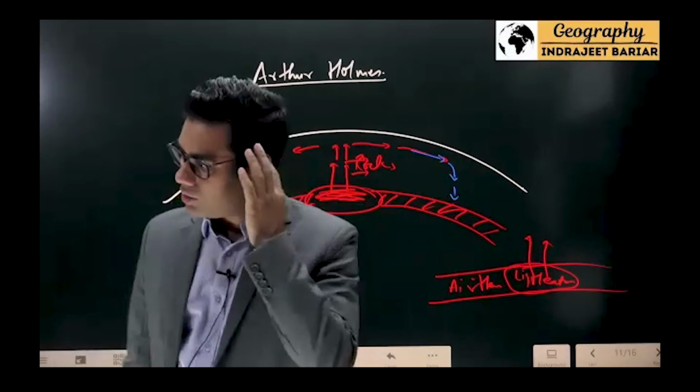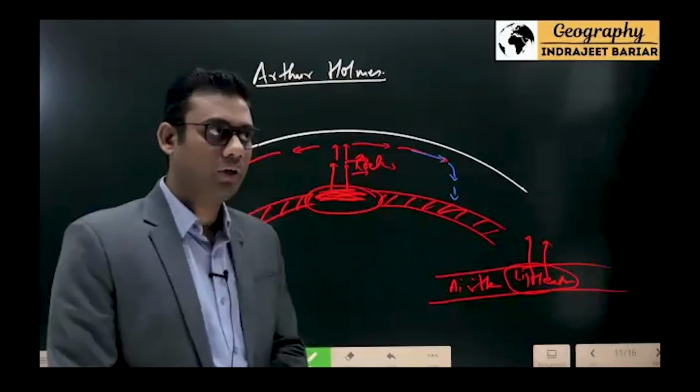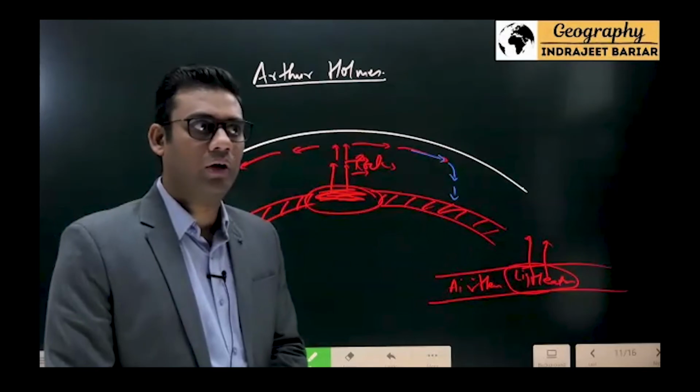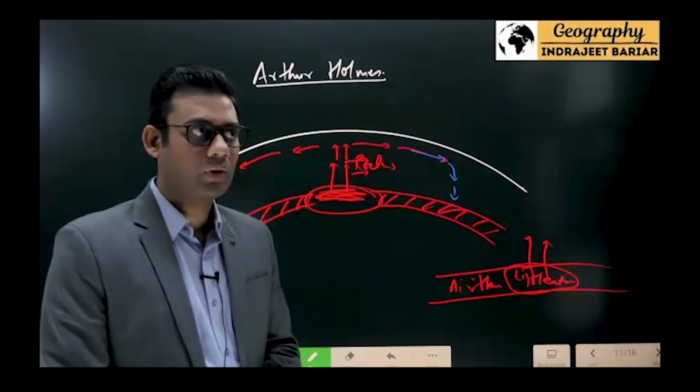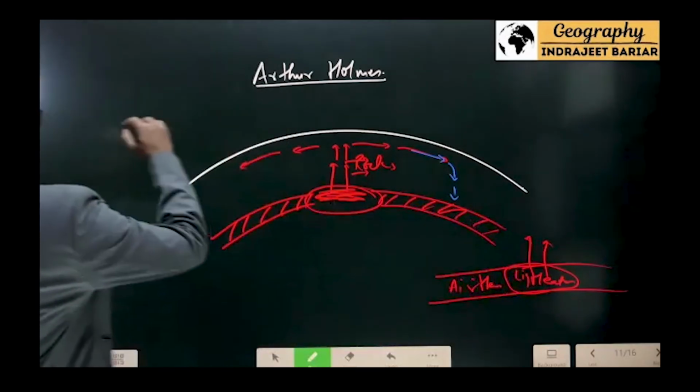What would be these sources? Radioactivity and residual heat, the stored heat of Earth. So the sources of convection current will also be the same.